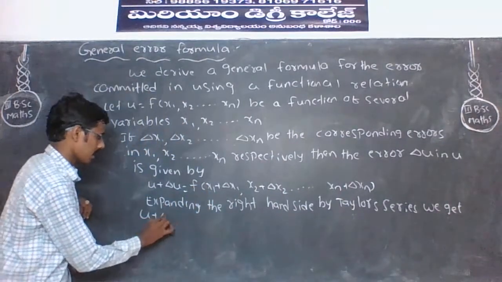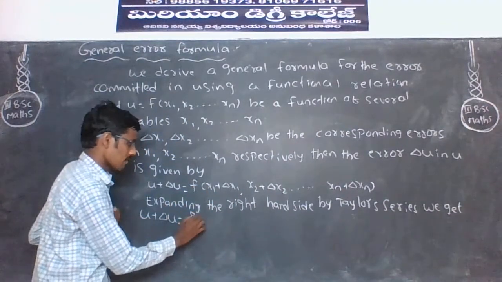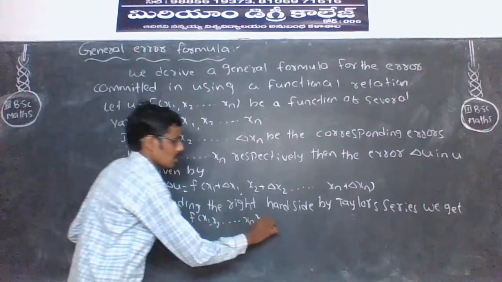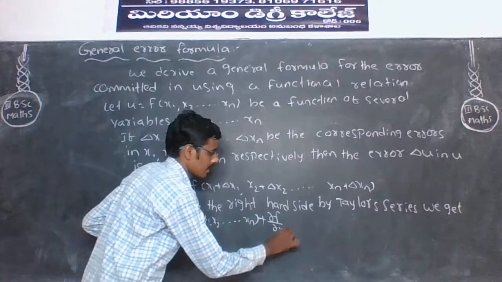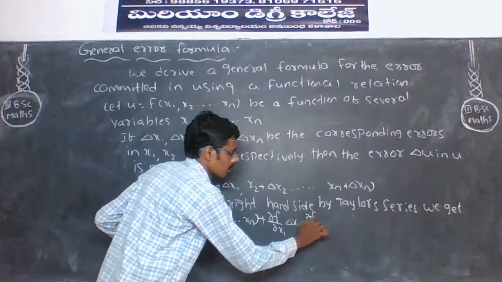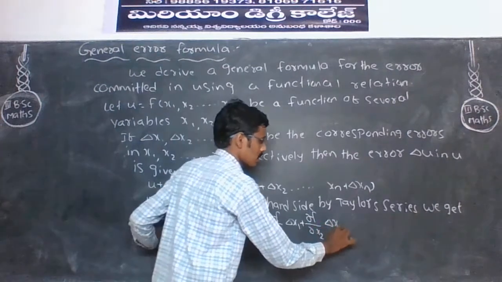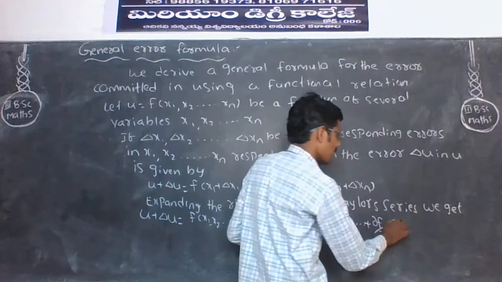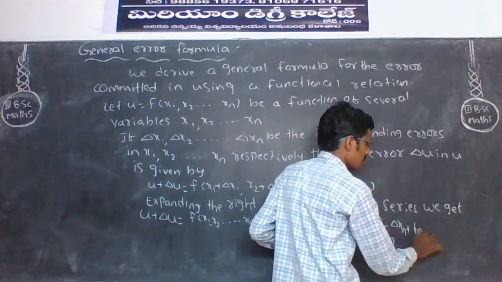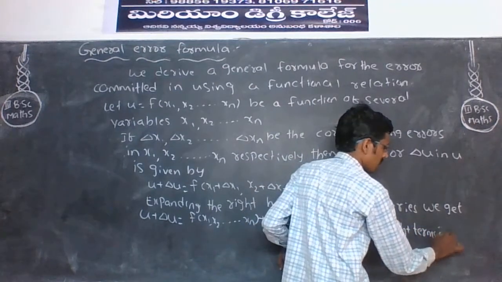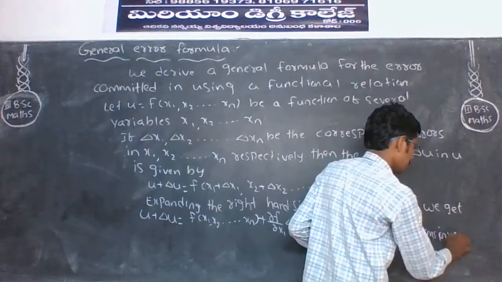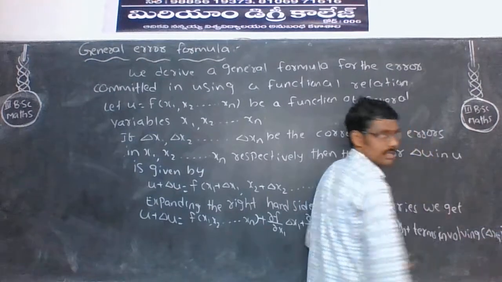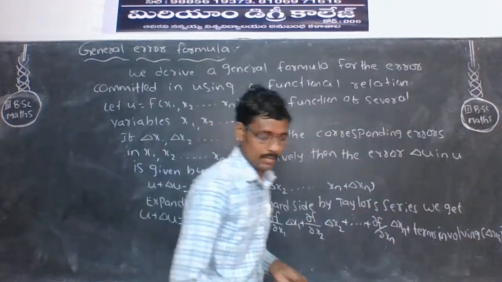u plus delta u is equal to f of x1, x2 and so on, xn plus dou f by dou x1 delta x1, dou f by dou x2 delta x2 plus and so on, dou f by dou xn delta xn plus terms involving delta xi whole square.